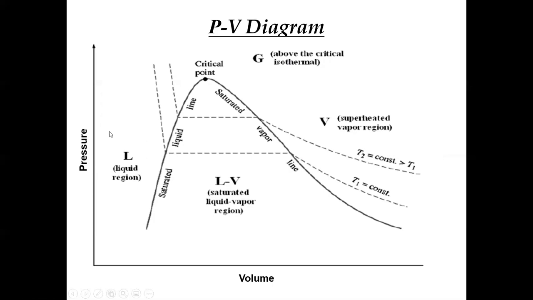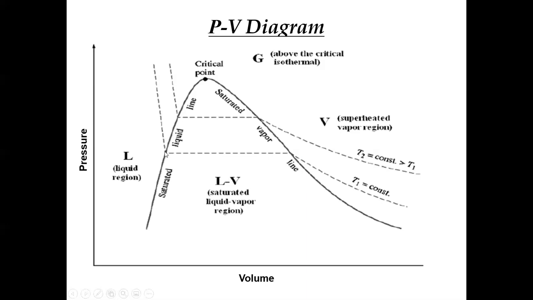Liquid region over here. If I'm off to this side, I'm either what we call subcooled. So for example, if I'm at this pressure and I'm cooler than this temperature, then I would have to move this way because these are lower and lower temperatures as I come out here. I'm still liquid. That means I'm cooler than the saturation temperature, which is this one. So I'm subcooled relative to saturation.